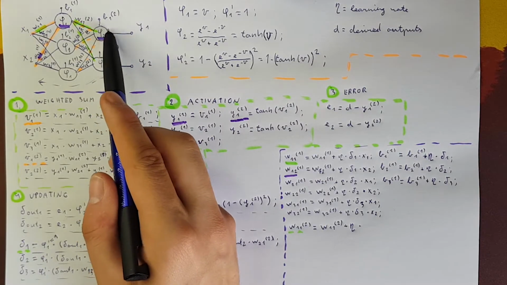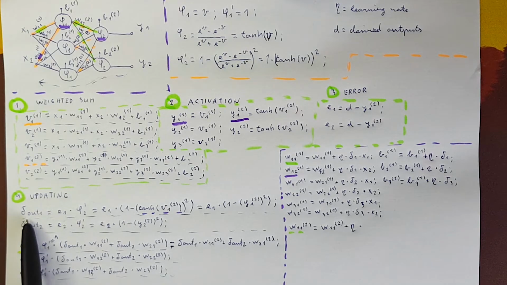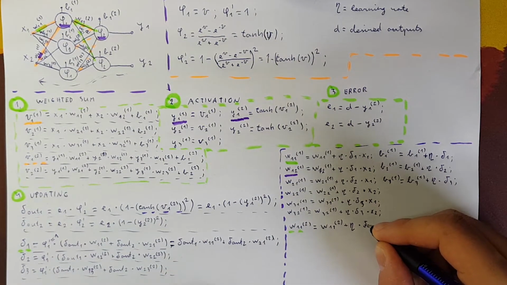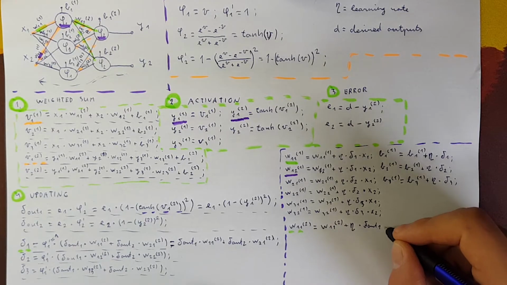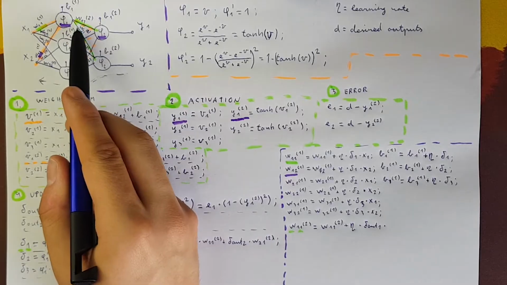So for the first neuron of the second layer, it is delta out 1. We multiply it by delta out 1 and the corresponding input of that weight.